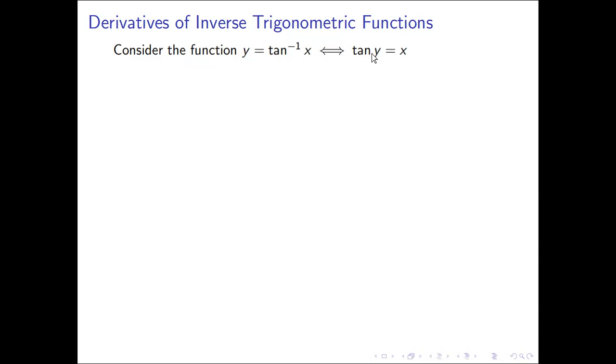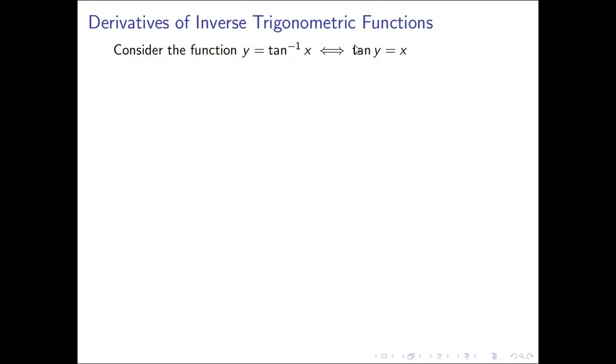And if tangent y is equal to x, it's also true that y is equal to the tangent inverse of x. However, we only need this in order to derive the derivative of the tangent inverse. And how do we do that? By implicit differentiation. We do not know how to get it directly. So what we will do is differentiate this one instead, since they are equivalent statements.